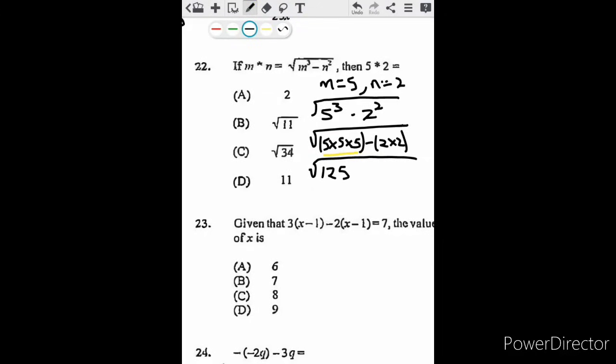And then 2 multiplied by 2 would give us 4. So the square root of 125 minus 4, which is 121. And from primary school, we know that the square root of 121 is equal to 11. So our answer is D.